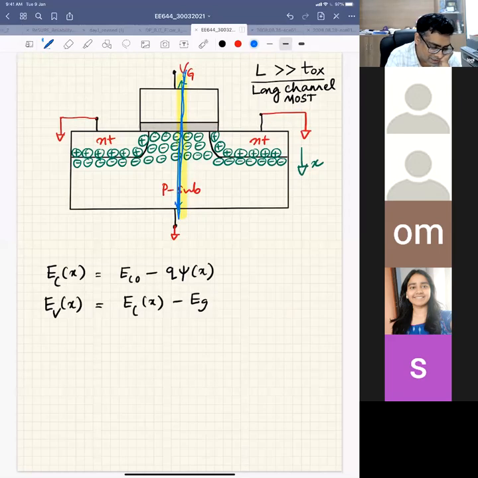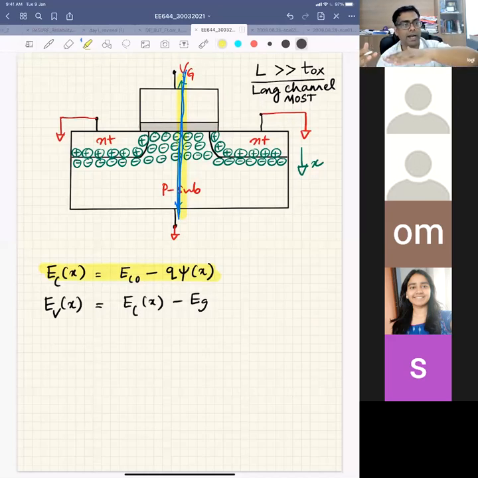When I plot the energy band diagram, I'll plot it in the silicon. So your E_C(x), because I have a surface potential, the conduction band will be E_C0. E_C0 means when you're not applying any voltage, the bands will be flat.